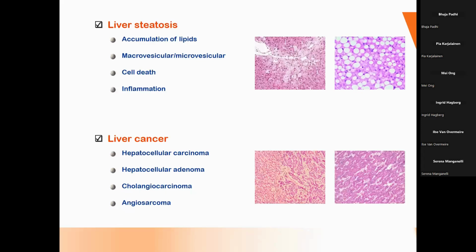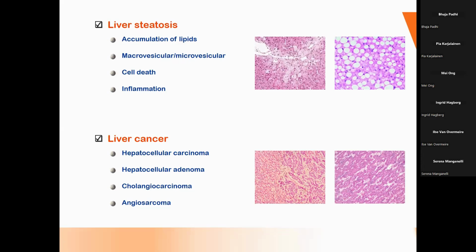Undoubtedly, the most studied type of liver toxicity would be the accumulation of lipids, what we call steatosis. Actually, 1 in 3 Europeans suffers from liver steatosis, usually diet-induced. And at the histopathological level, at least two different types can be distinguished. And this is also what you see on this slide. So on the left-hand side, you have microvesicular steatosis.